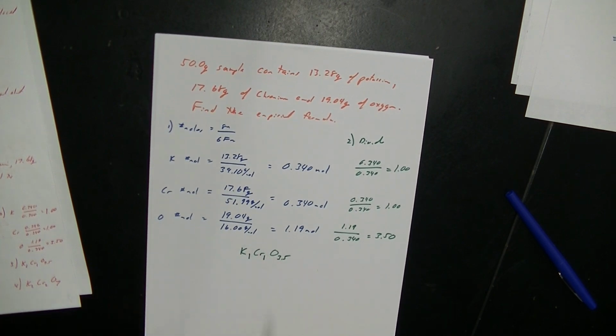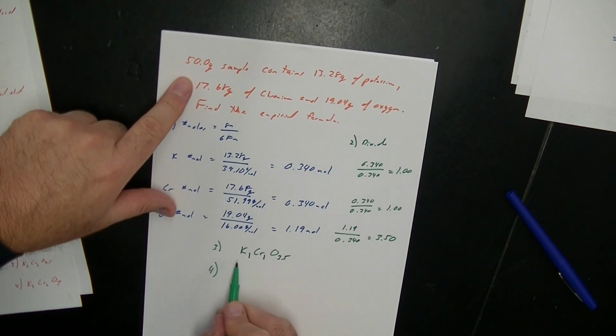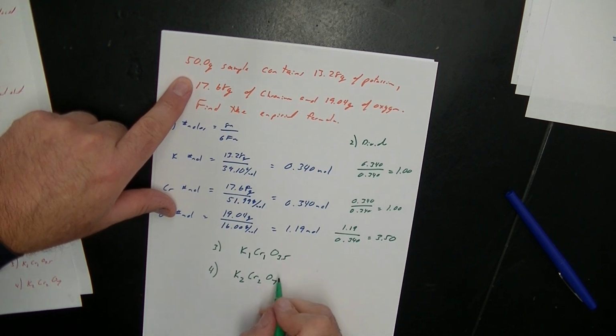We're close to being done. We don't want any half numbers. So what can we do to get rid of that? This is like our third step. If I multiply through by 2, I would get K2Cr2O7. And that would be my empirical formula.